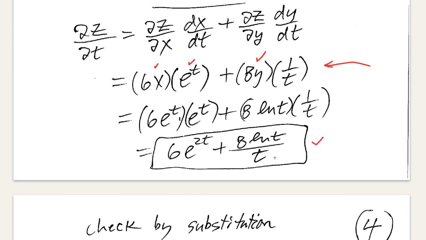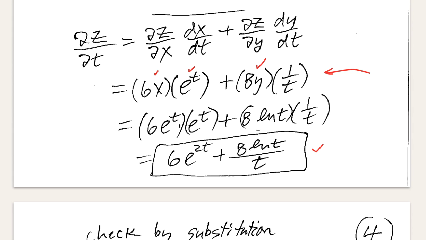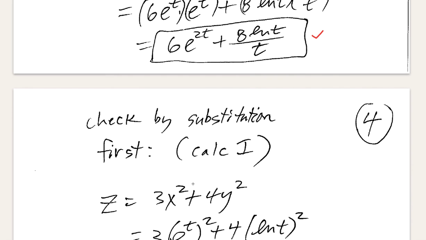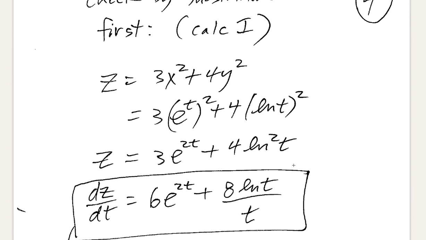Let's come back here and double check by substitution. This is a Calc 1 way of working this problem. Remember, z is 3x squared plus 4y squared. I could just substitute e to the t for x, and the natural logarithm of t for y, and this is my function in terms of t. Then directly differentiate with respect to t.